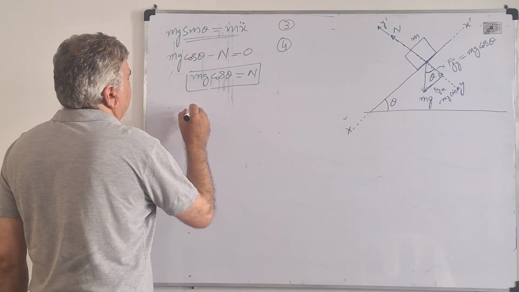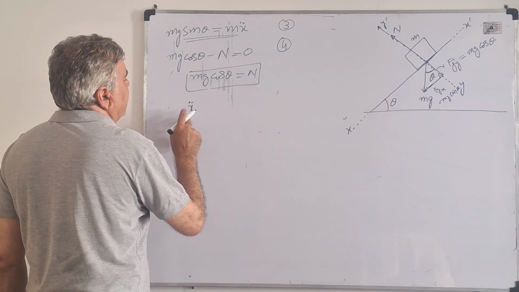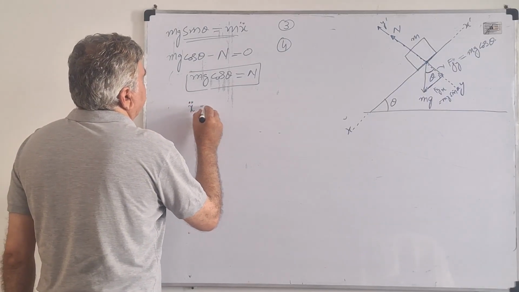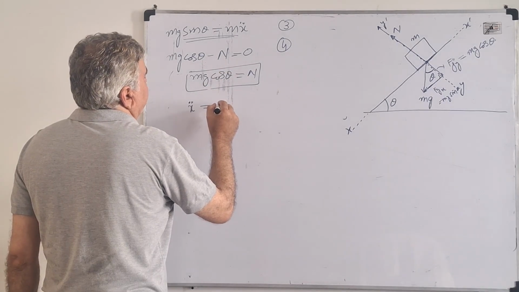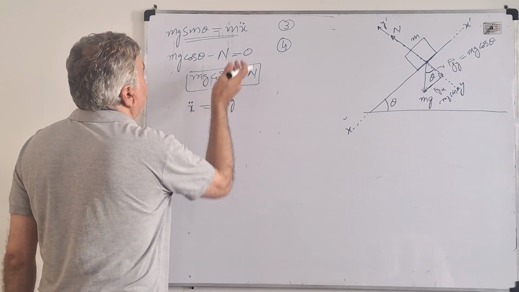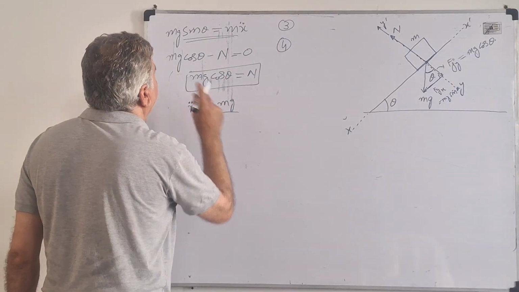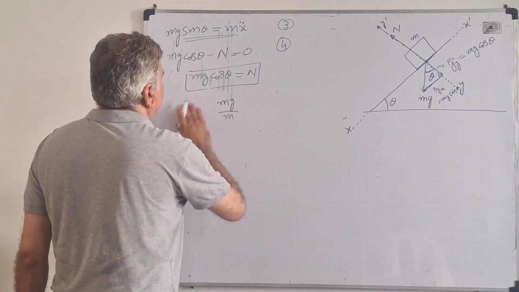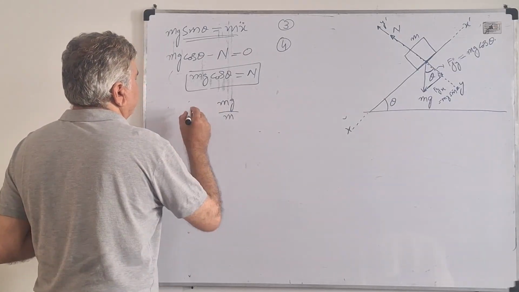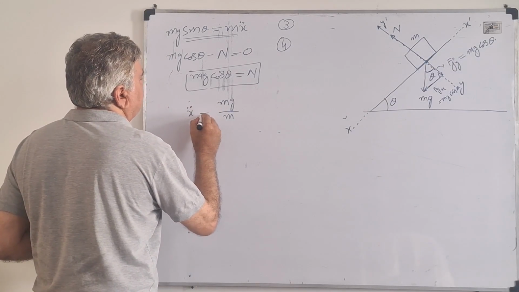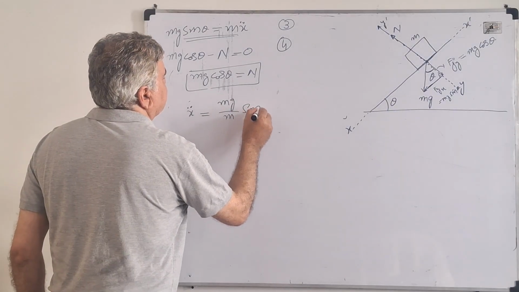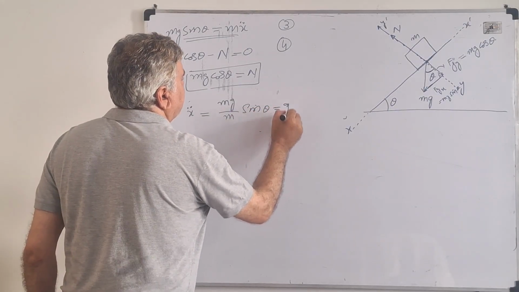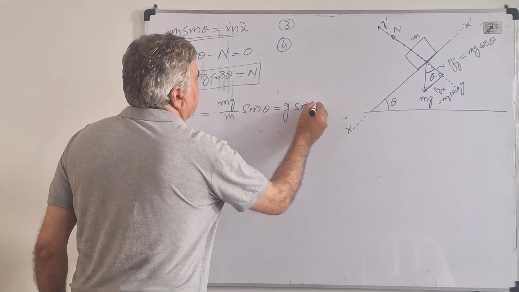and for that I can write x double dot, that is the acceleration, is in fact equal to mg. I'm switching the sides of the equation and then taking m and dividing by m, so that allows me to write this as x double dot equals g sine theta.